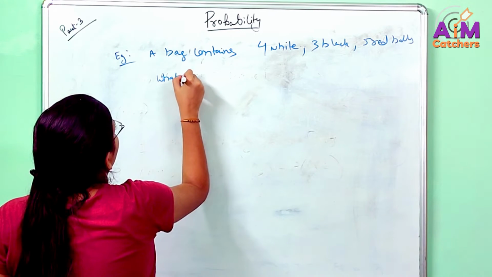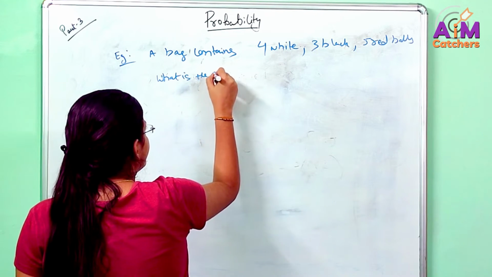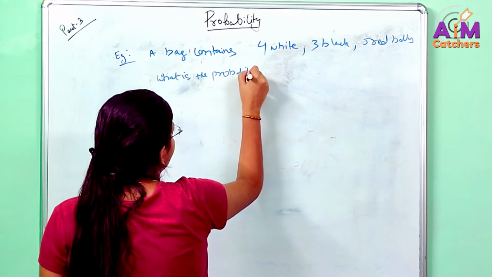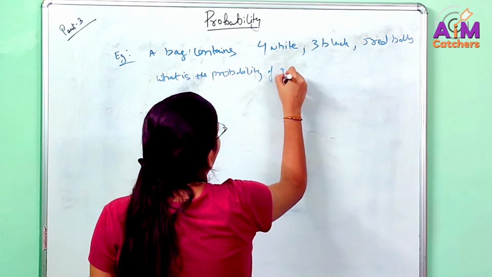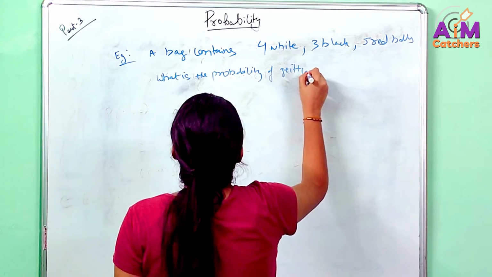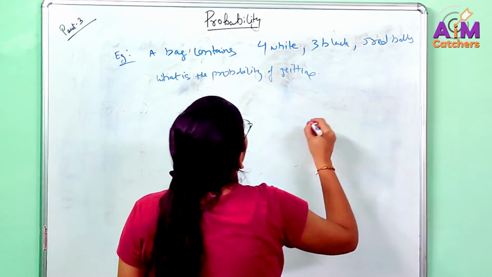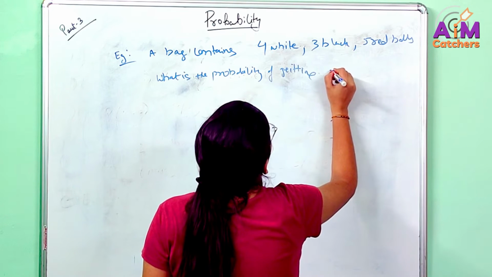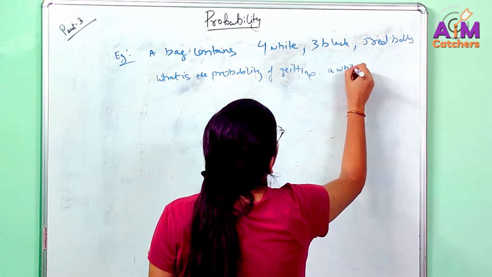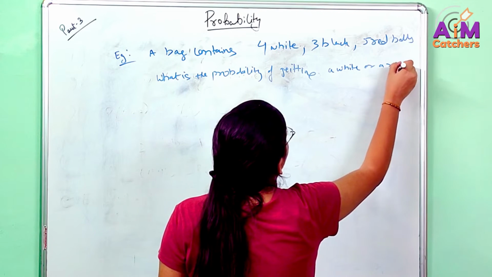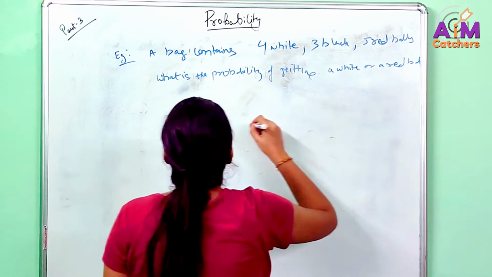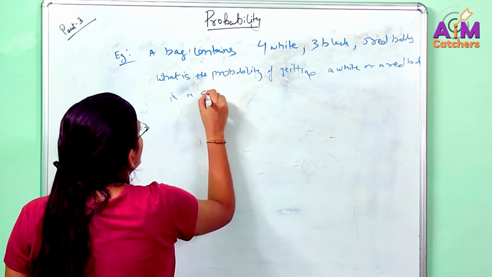What is the probability of getting a white or a red ball in a single draw?